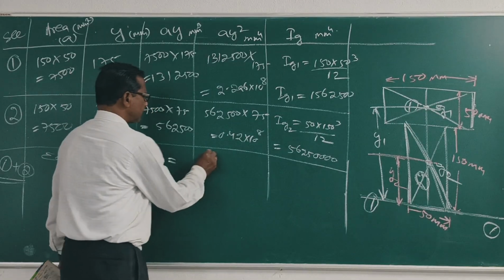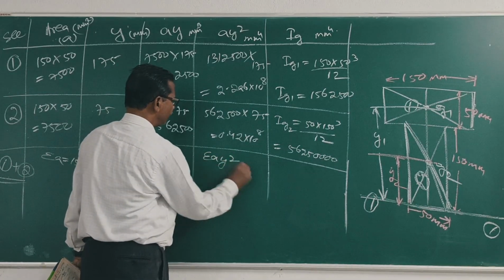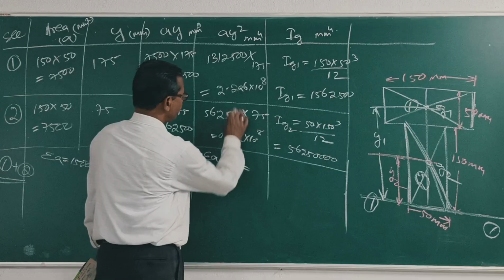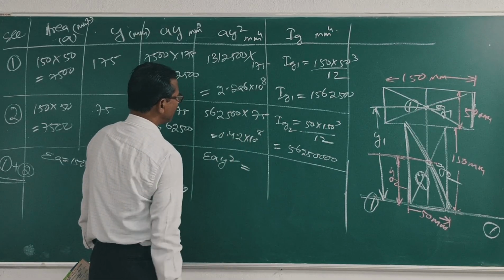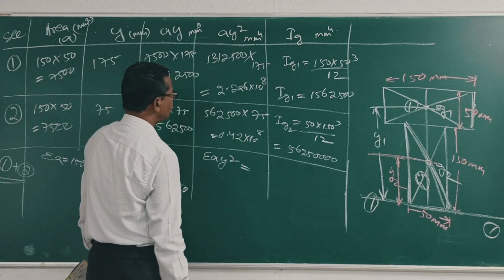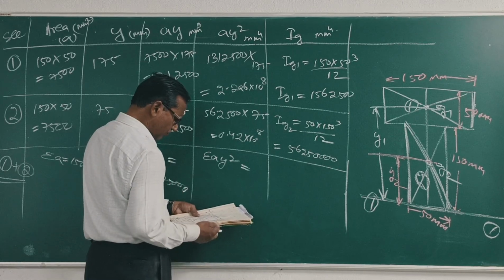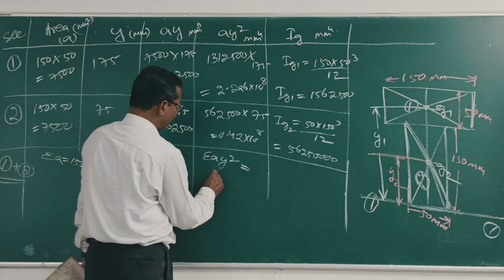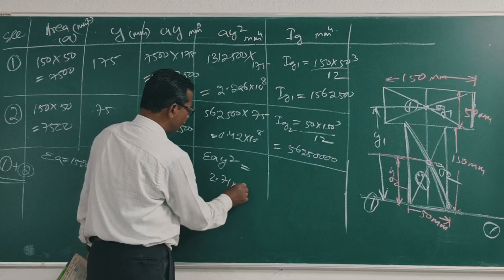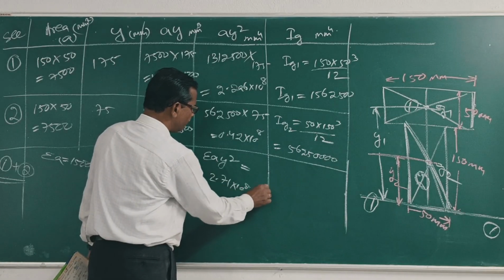Next, sigma Ay square is equal to 2.71 into 10^8 mm^4.